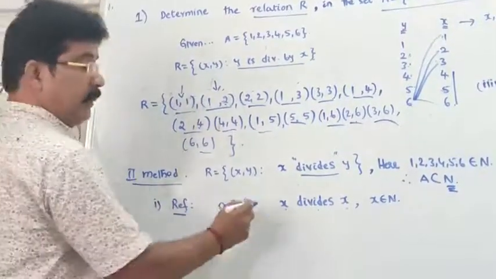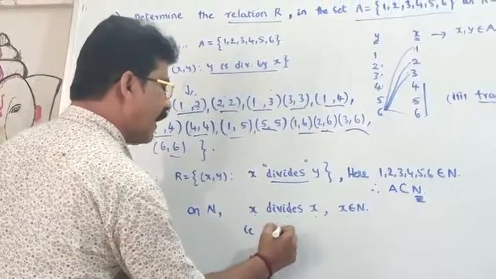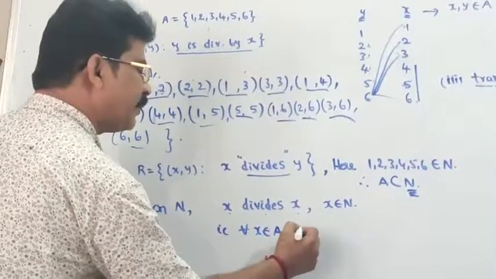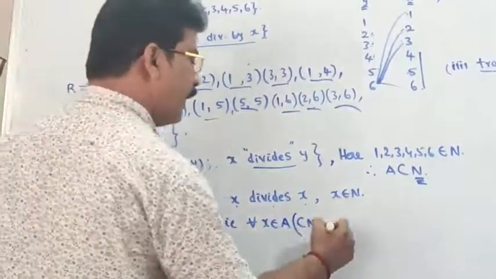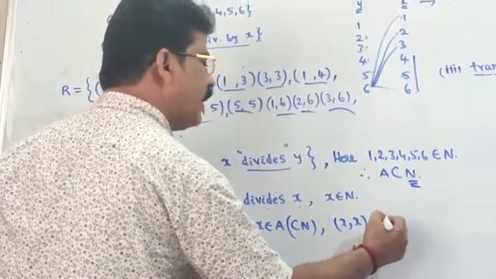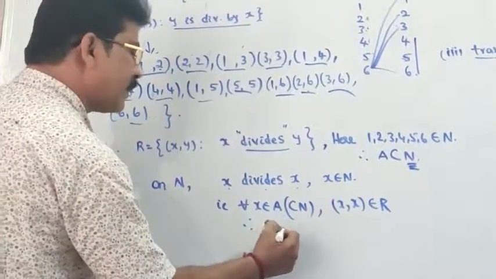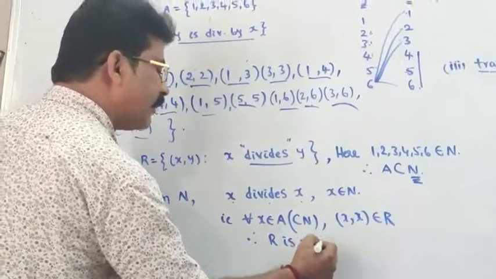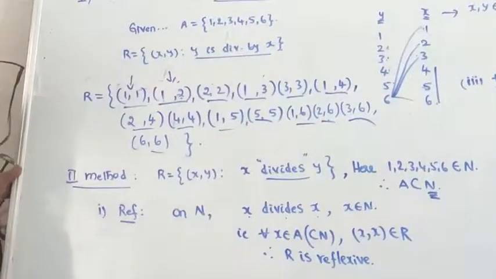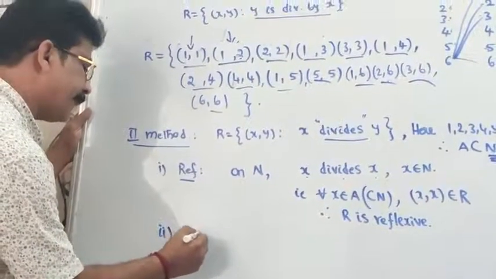What does it mean? For all x belonging to capital A, which is a subset of natural numbers, the ordered pair (x, x) belongs to capital R. Therefore, R is reflexive.